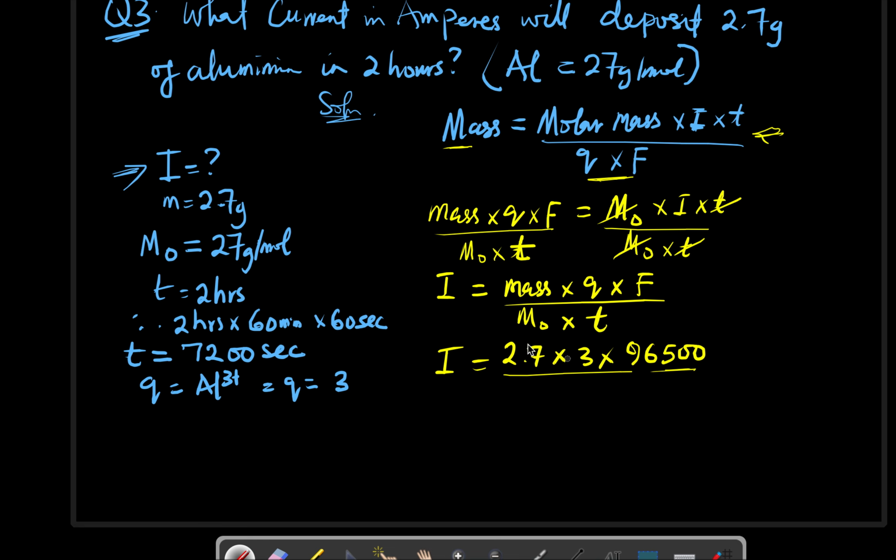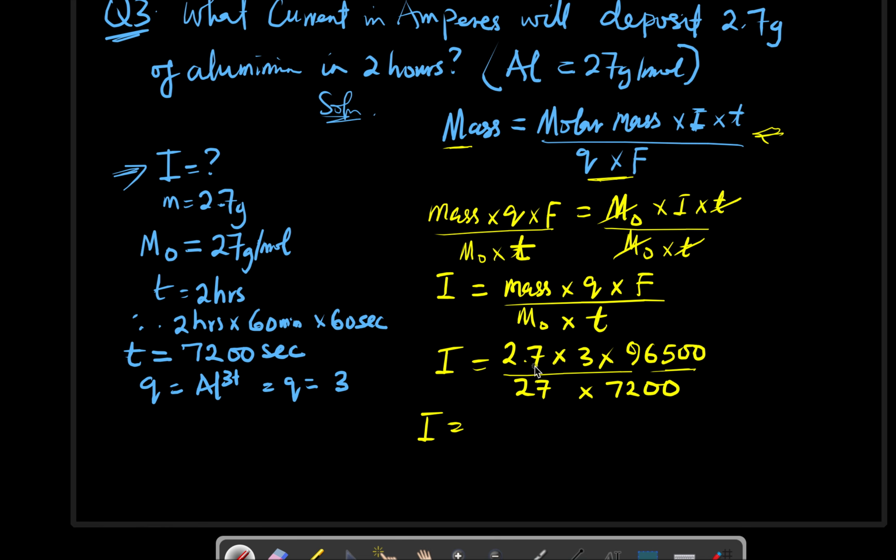If you divide that by molar mass, the molar mass is 27. So 27 multiplied by the time. What is the time? 7200. We converted the time from what it was given, hours, to seconds, and that's what we have here. Okay, so by the time you get to this point, you use your calculator to compute everything.